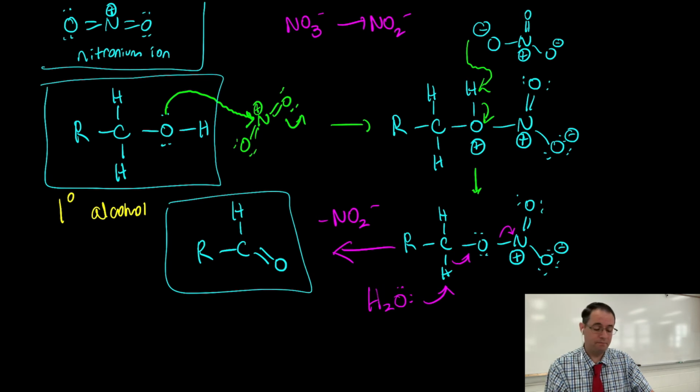We're halfway there. So here's your nitronium ion. Let's draw it in. Here's our aldehyde that we just made through all that laborious drawing of curved arrows. Now I want to take this and react it with nitrite, for example. So here's nitrite.